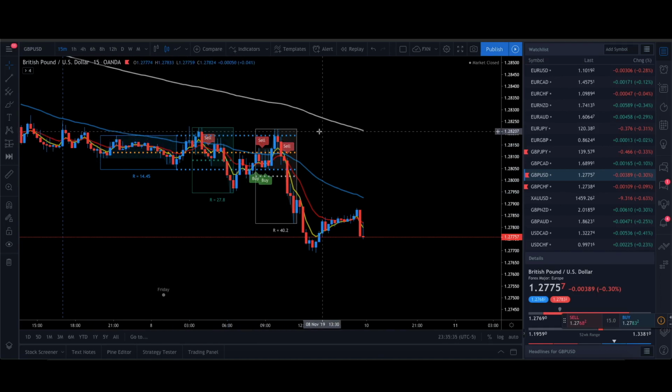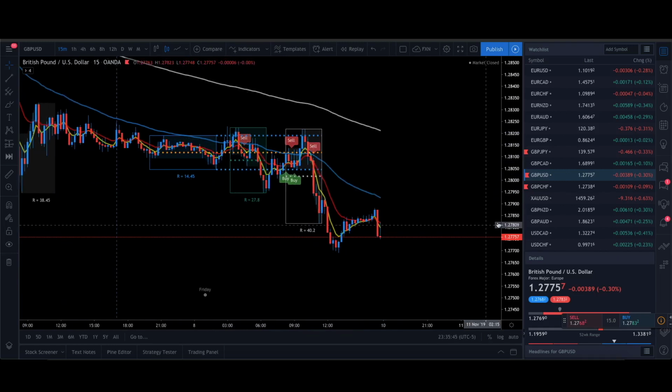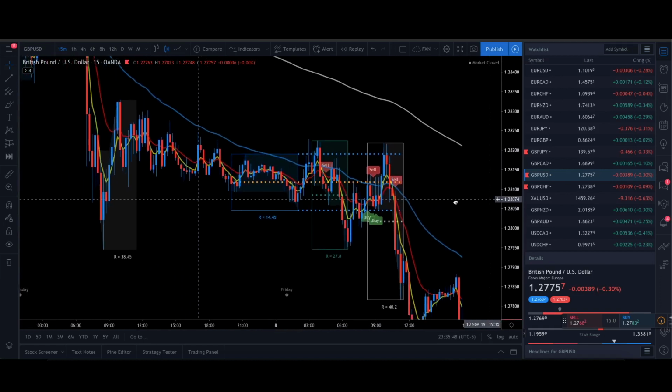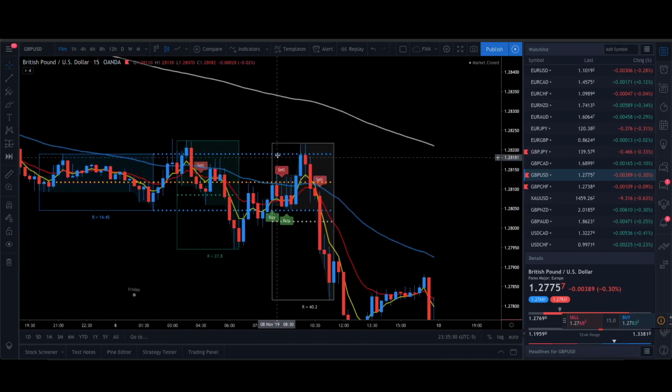Why do I have the lines? What are these dotted lines that extend out? Essentially, this blue one here and this orange one here help you identify type 2 and type 3 patterns.